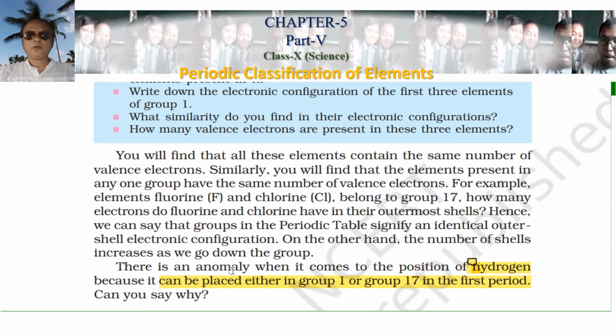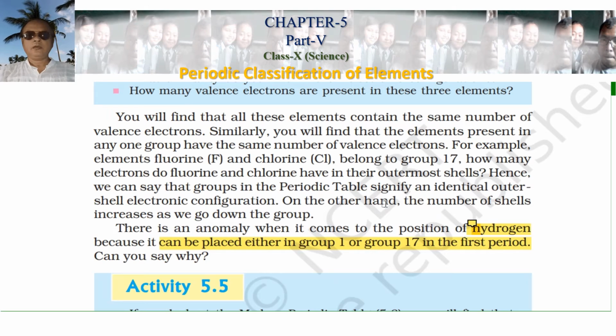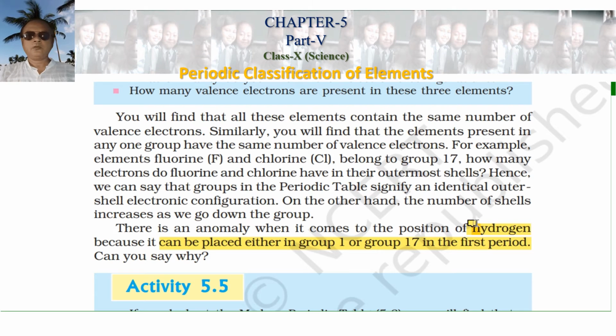On the other hand, the number of shells increases as we go down the group. There is an anomaly when it comes to the position of hydrogen, because it can be placed either in group 1 or group 17 in the first period.